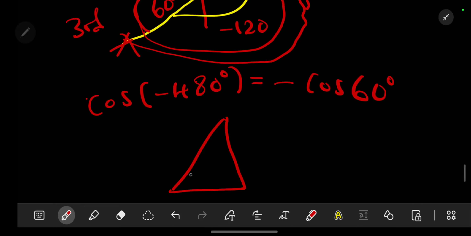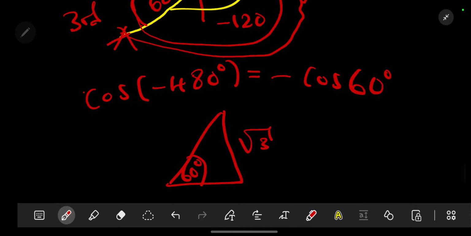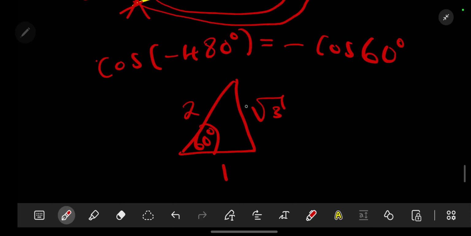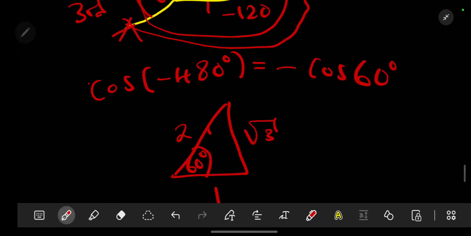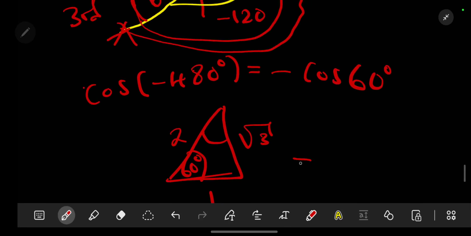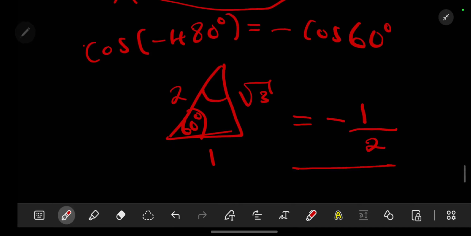In this case, for 60 degrees, the sides are 1, root of 3, 2. So the cos of 60 is adjacent over hypotenuse, which is 1 over 2. Considering the negative, it will be negative 1 over 2. So that is how you deal with reference angles.